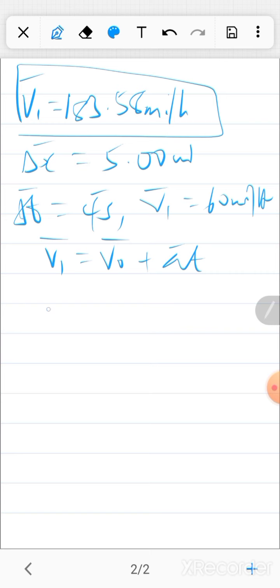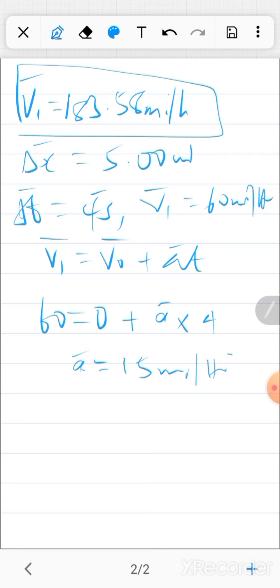So I know v1 is 60, v0 is 0, acceleration is what I want, times delta t, which is 4 seconds. This gives me an acceleration of 15 miles per hour squared. That's the acceleration that he's using to get from 0 to 60.